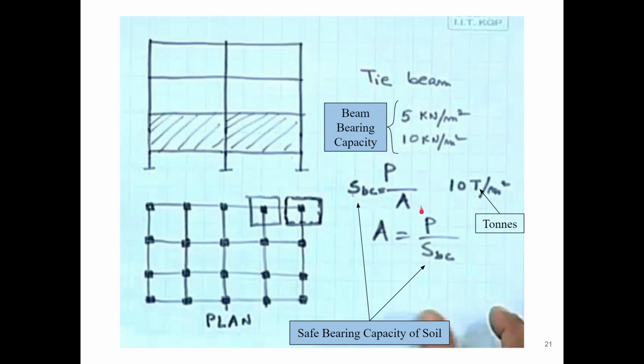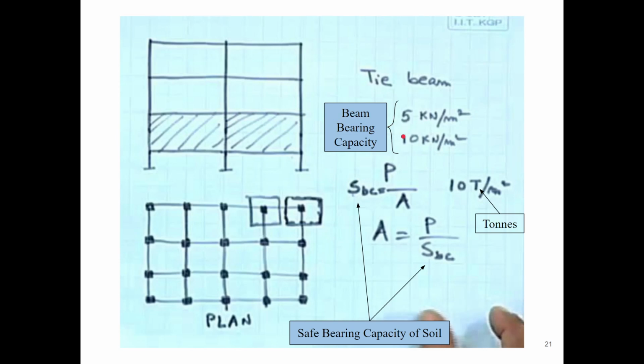In case of footings, the load divided by the area where the soil is acting gives you the safe bearing capacity of soil. There will be some permissible limit, and we have to see that it is always less than that.